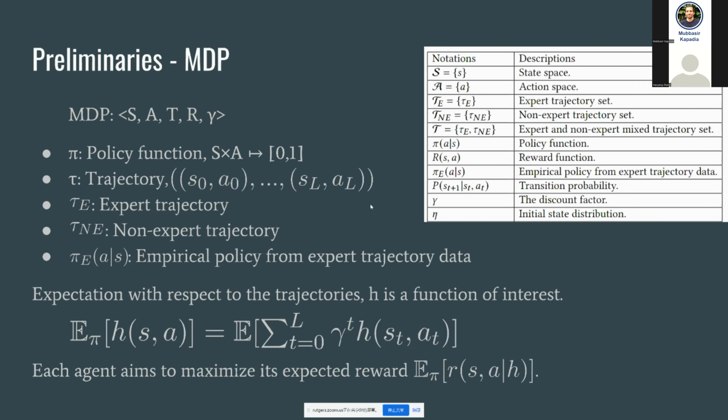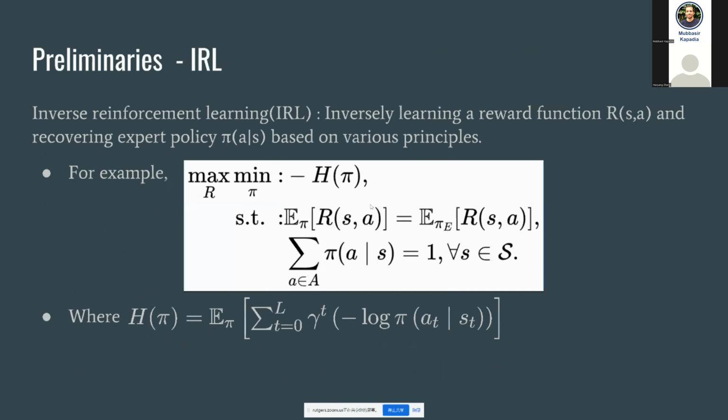And in MDP, we always want to calculate the expectation with respect to the trajectories. In this equation, each agent aims to optimize its expected reward, the expectation of R. Then there is IL. IL aims to inversely learn the reward function R and recover the expert policy pi based on various principles.